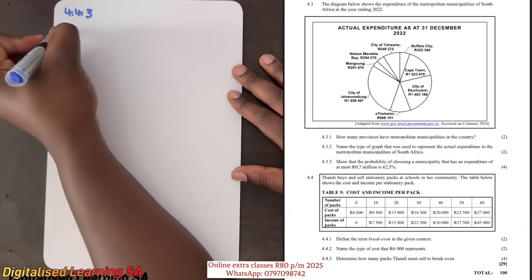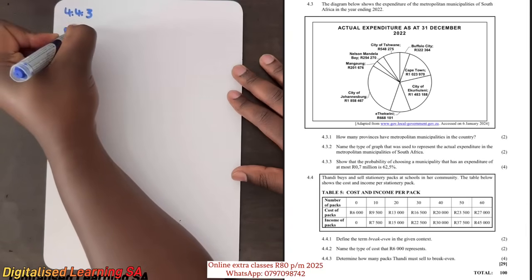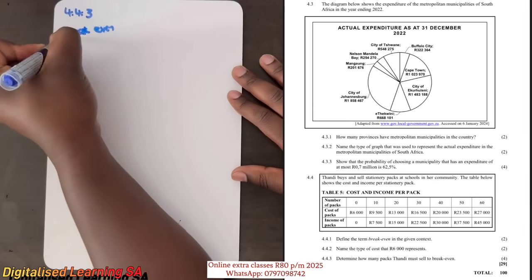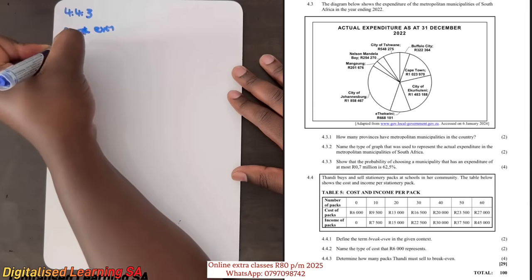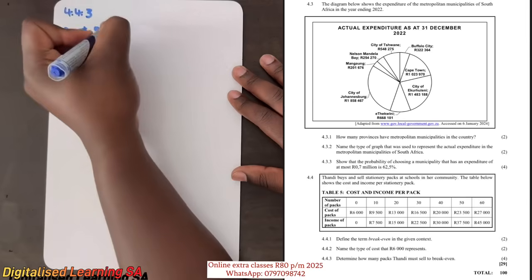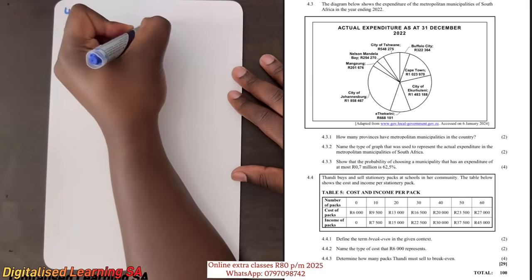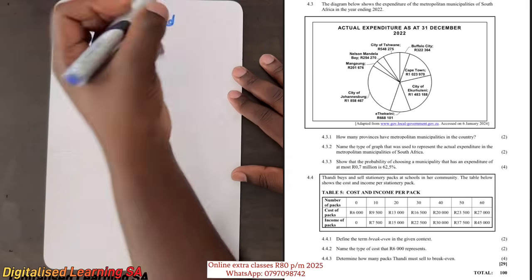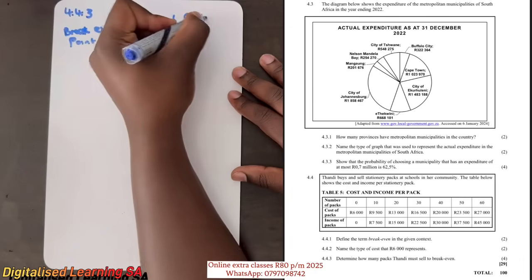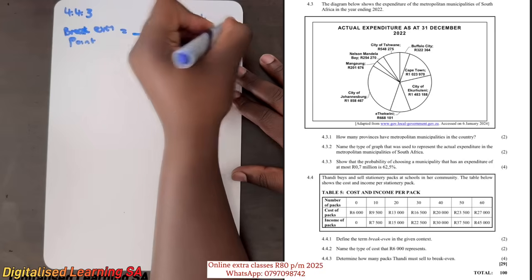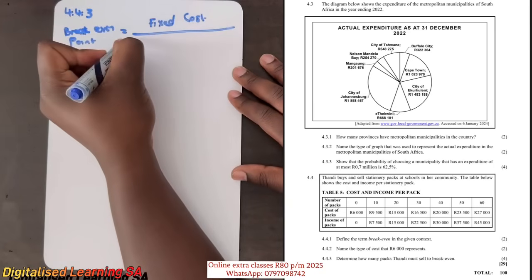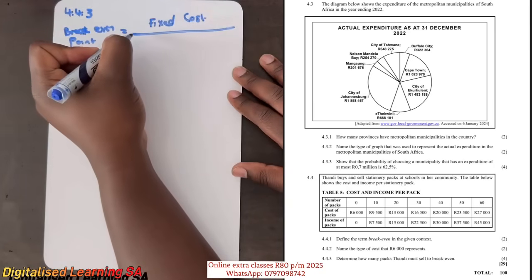Okay, so the break-even point is equal to the fixed cost divided by the selling price per unit, and the unit here we are referring to packs.